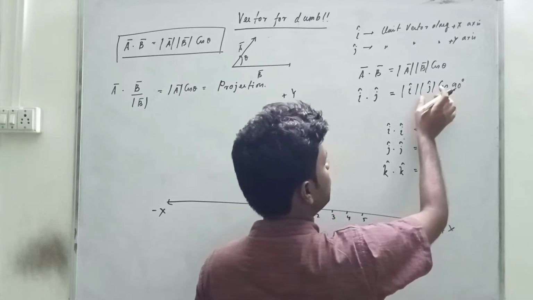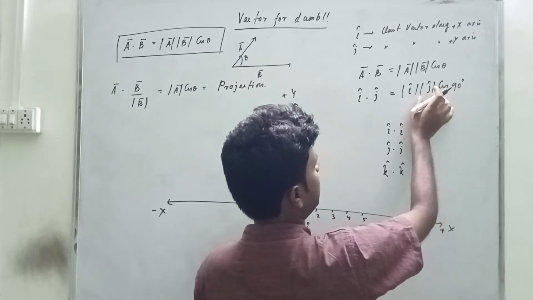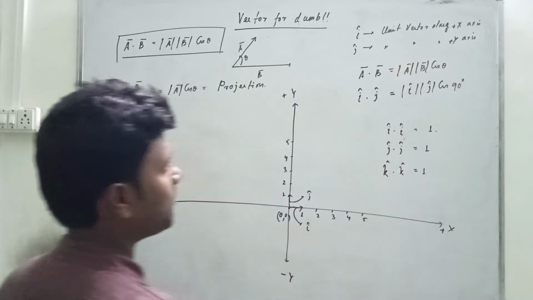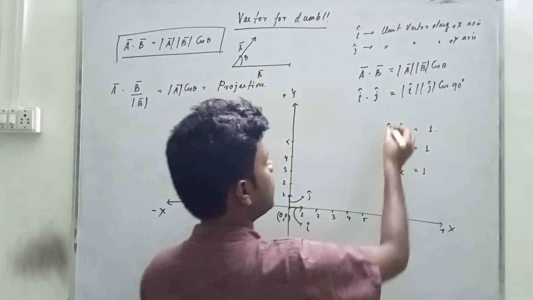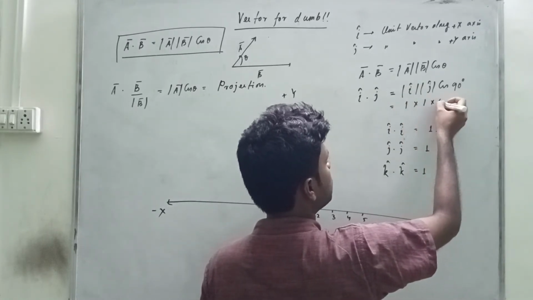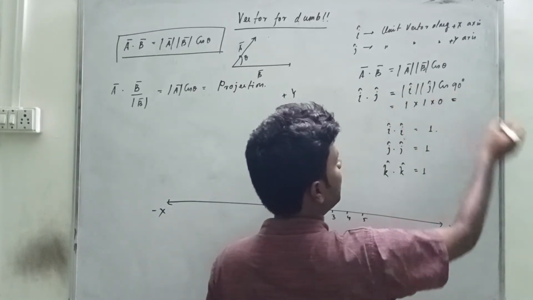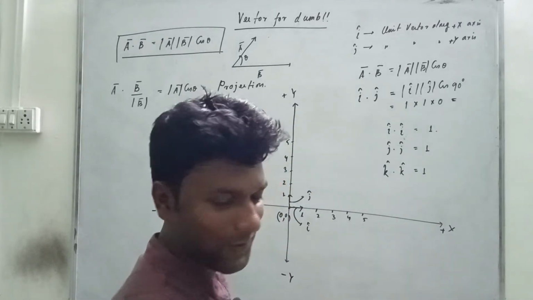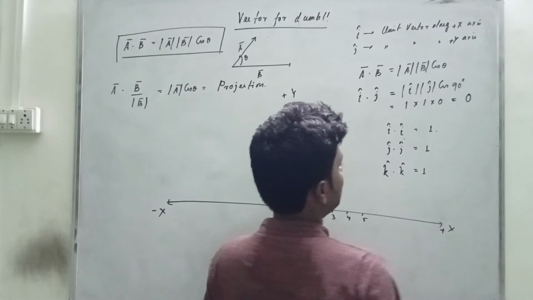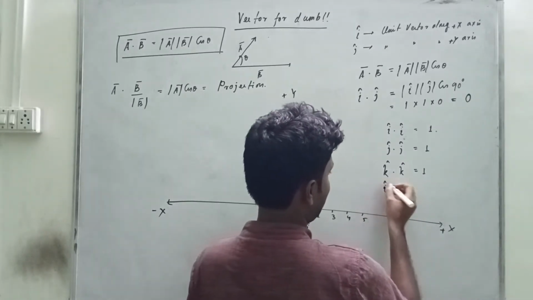And 0 into 1, obviously, because it is a unit vector, and as the name suggests, a unit vector means magnitude of 1. So it goes to 1 into 0, which is 0, right? So i dot j goes to 0.